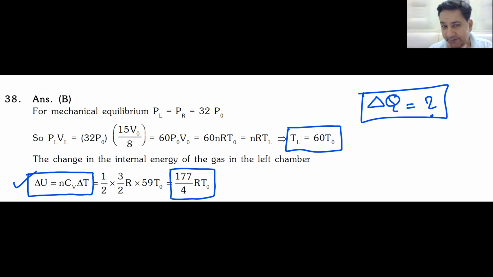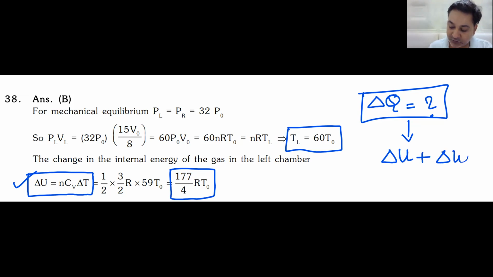How would you do that then? It's simple. To get delta Q, you already know what delta U is, yes or no?